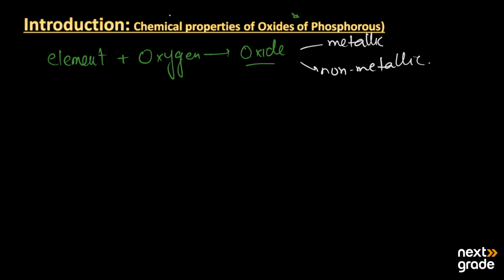So here we are going to discuss the chemical properties of the oxides of phosphorus. Phosphorus has two types of oxides.